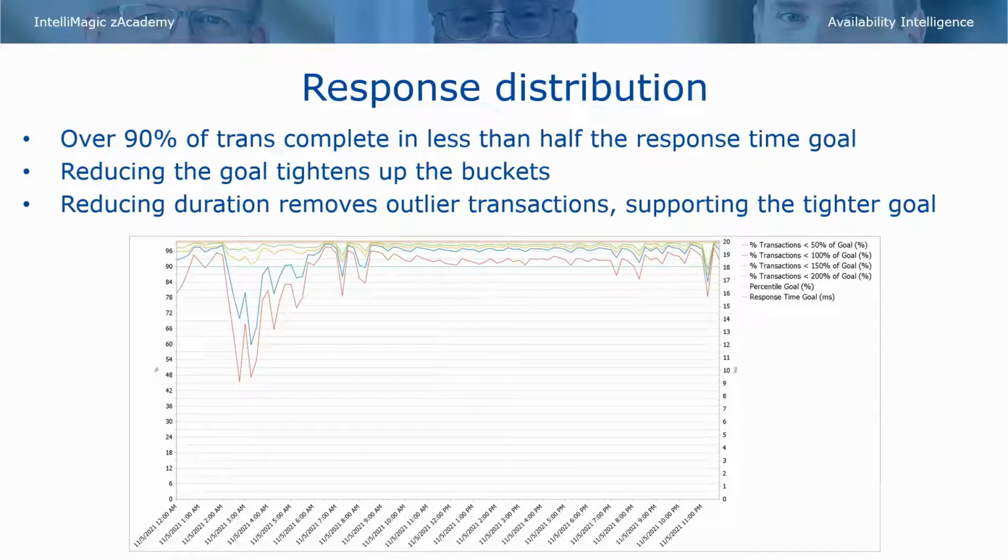We also saw previously first period transactions only consumed 150 service units, and the specified duration was 1,000 service units. So there's a reasonable opportunity here to reduce the goal, tightening up the buckets, and reducing the duration, which will restrict that first period really to a more uniform set of short running transactions only, which is really going to help Workload Manager manage that response time.